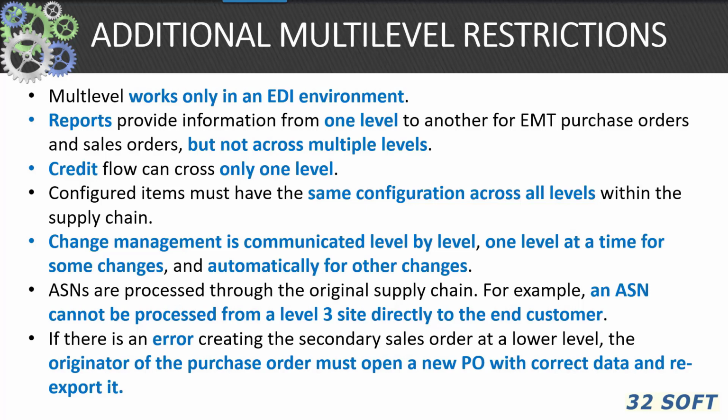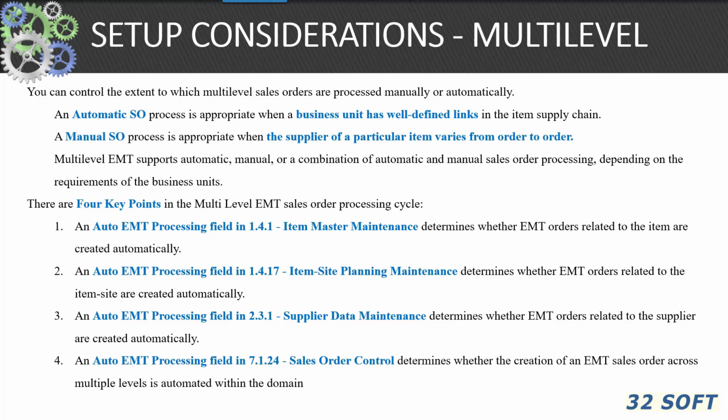Same configurations if you're going to use configured items across the supply chain. Change management is level by level. ASNs can't be processed from level 3 directly to an end customer. And if there's an error, the originator of the purchase order must reopen the PO and re-import that process.